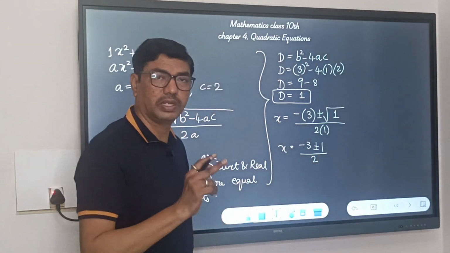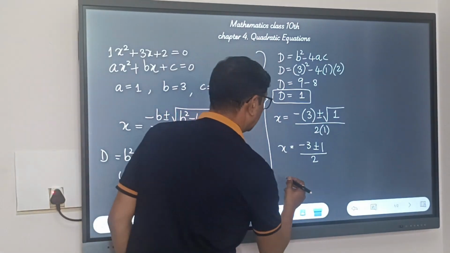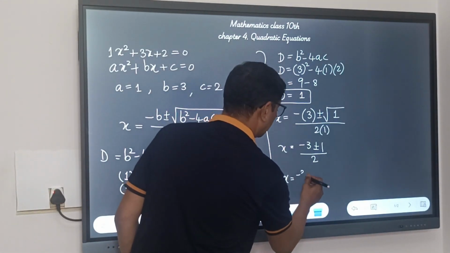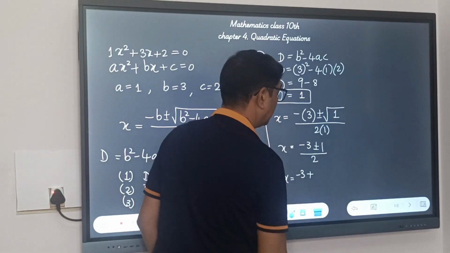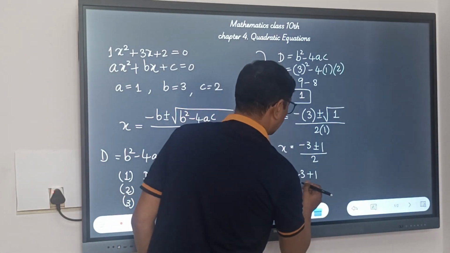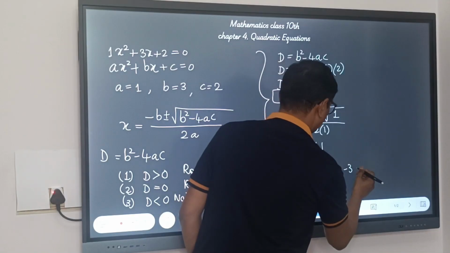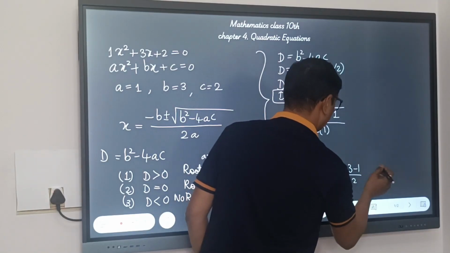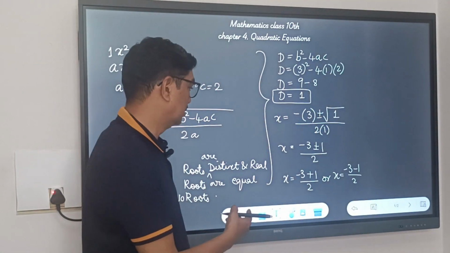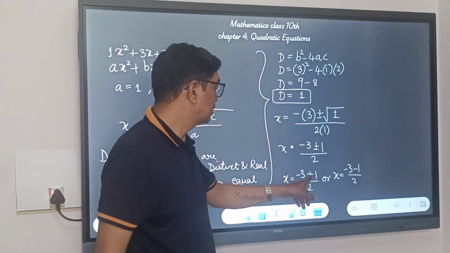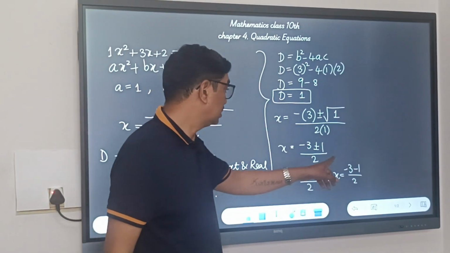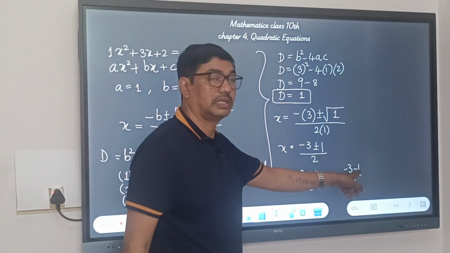Here two values will come. One is x is equal to minus 3, one time you put plus 1 by 2, or x is equal to minus 3 minus 1 by 2. Is it clear? Once I put plus, minus 3 plus 1 by 2, another time I put minus 3 minus 1.